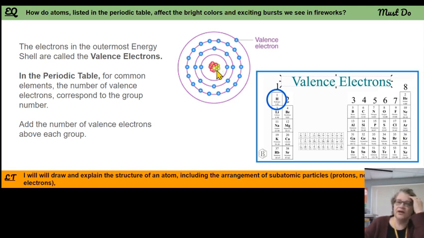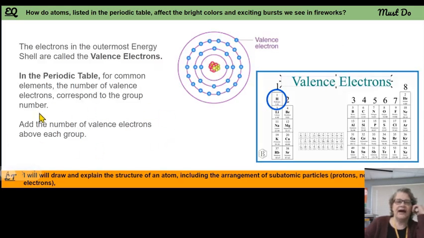And again, if you look at the second shell, that shell can only hold 8. So normally 8 is the most. It's the number of valence electrons that feels good to the atom. Okay, it's its favorite number.